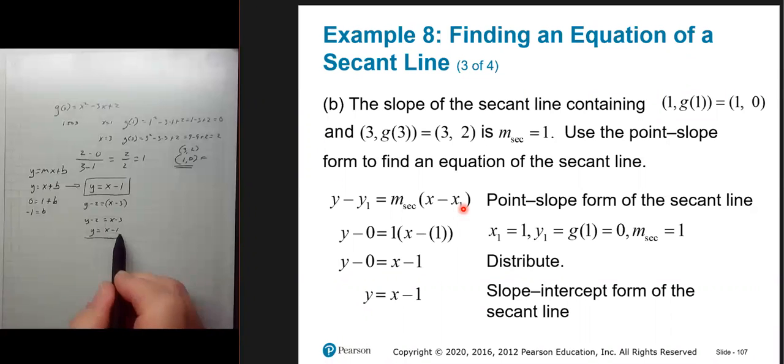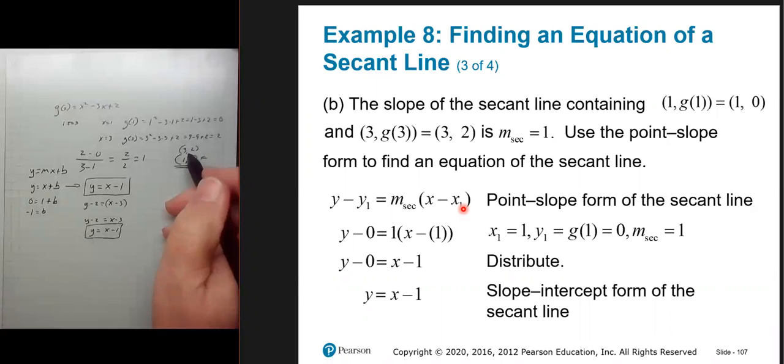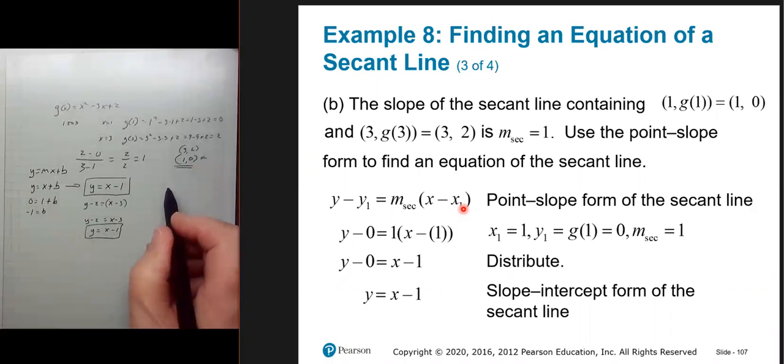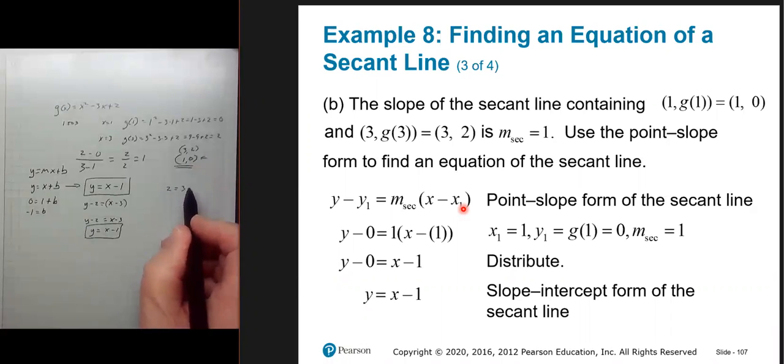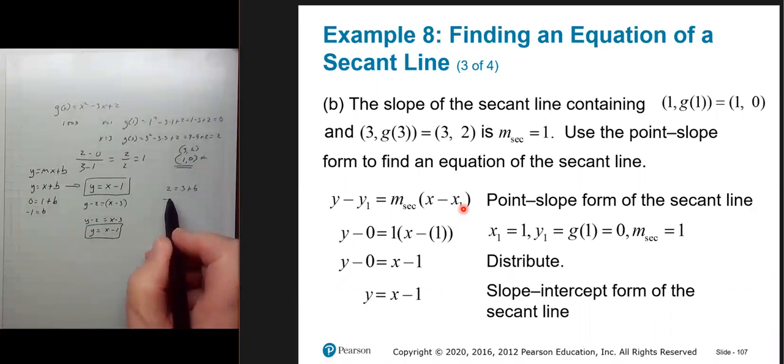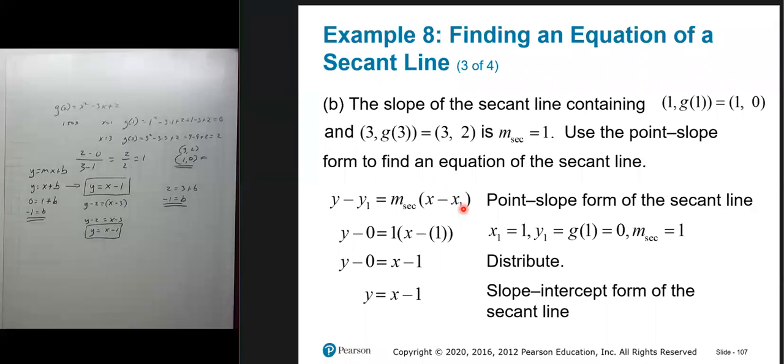So again, you get the same thing. If I'd used 3, 2, then that would have been 2 for the y equals the x value 3 plus b. Subtracting 3 from both sides, you get negative 1 equals b. I get the same b value I got over here. So it works out the same way.